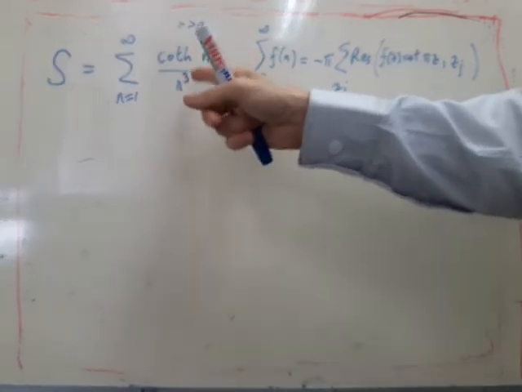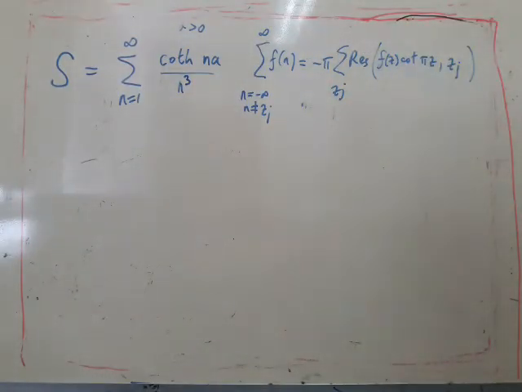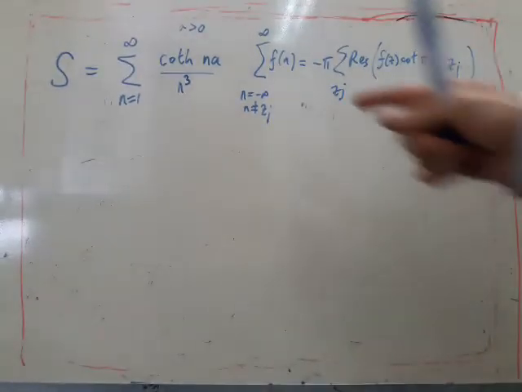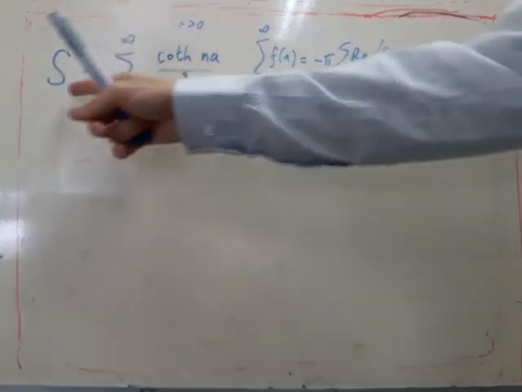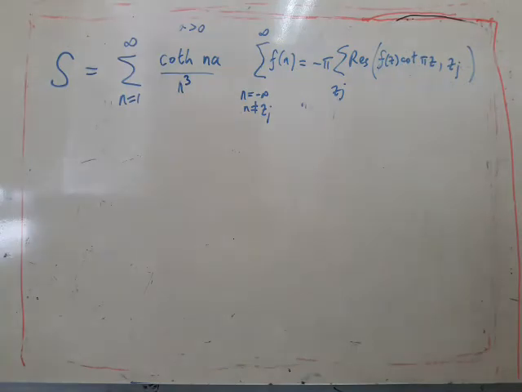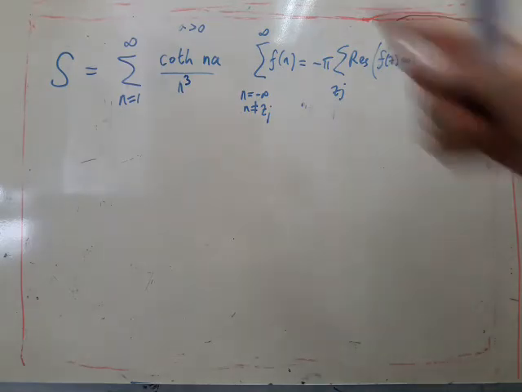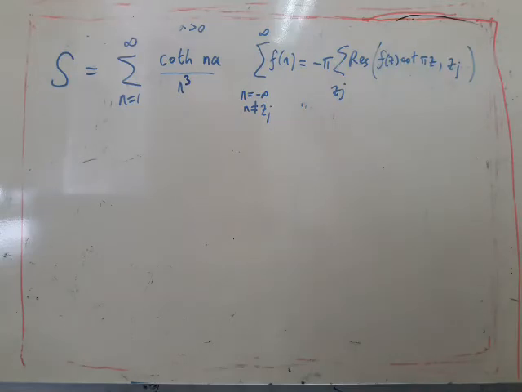And we already know that 1 over n cubed is some special function. So we can't really have any hope at all of finding a general answer for any a. But we're going to see what happens anyway and see if we can find a special value of a for which we can actually get a closed form expression for s.